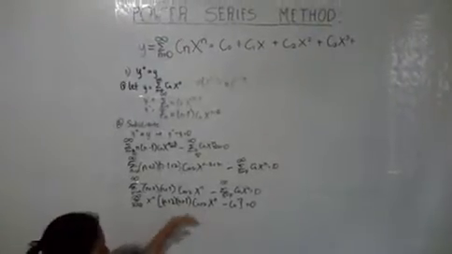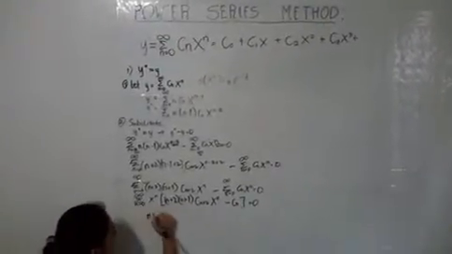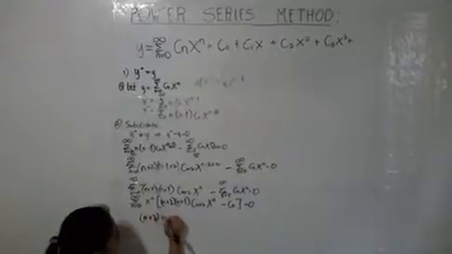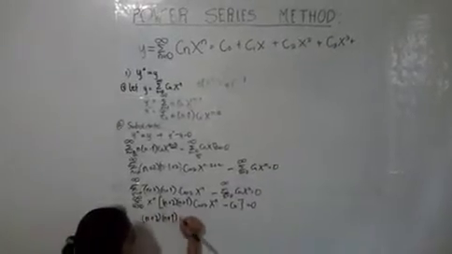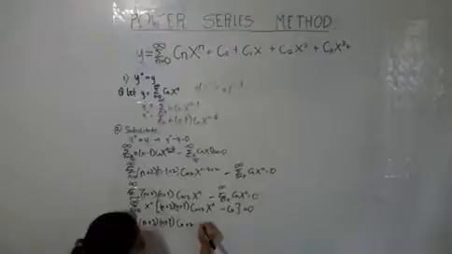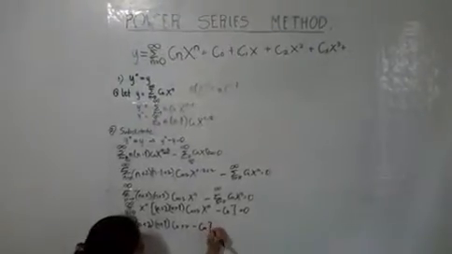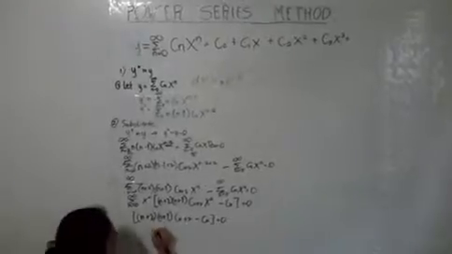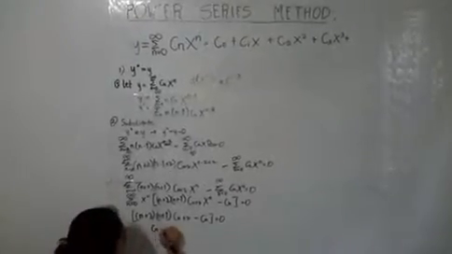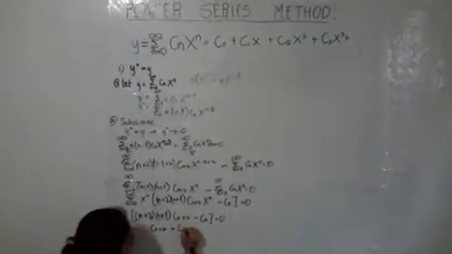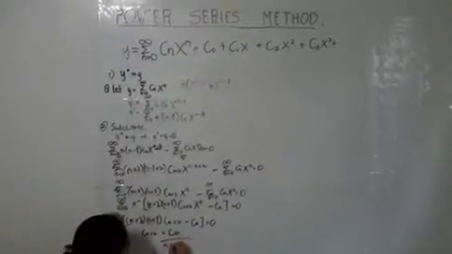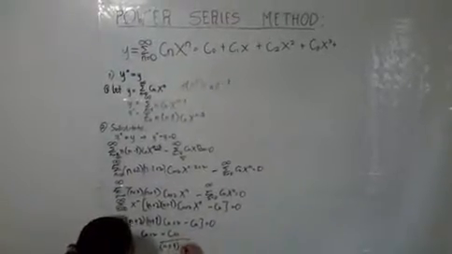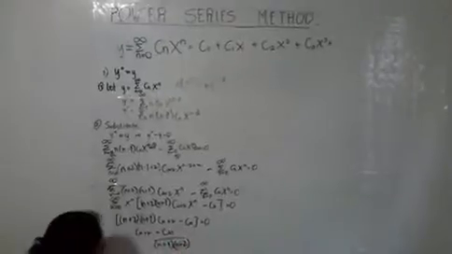Now we will use this formula: (n plus 2)(n plus 1) c_(n plus 2) minus c_n is equal to 0. We will arrange this. c_(n plus 2) is equal to c_n over (n plus 1)(n plus 2).